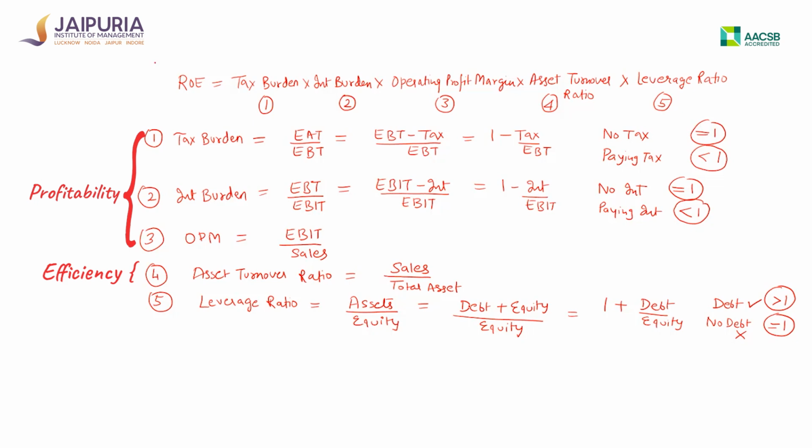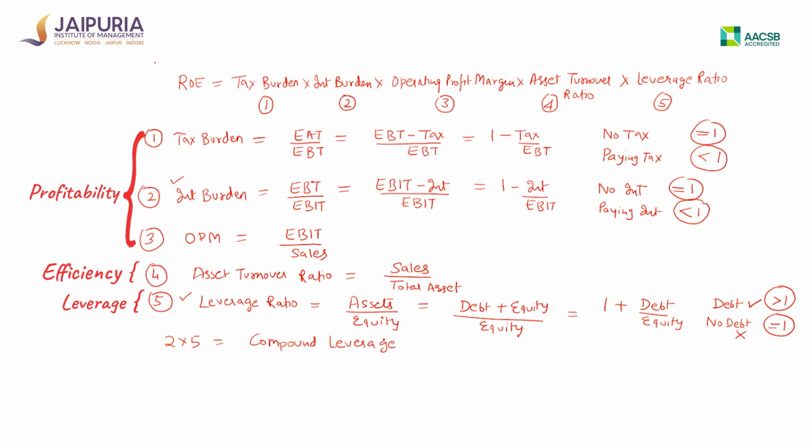Now, 2 quick insights. The second and fifth components, interest burden and leverage ratio, combined together, that is 2 multiplied by 5, are known as compound leverage. That means the total impact of leverage on the ROE.